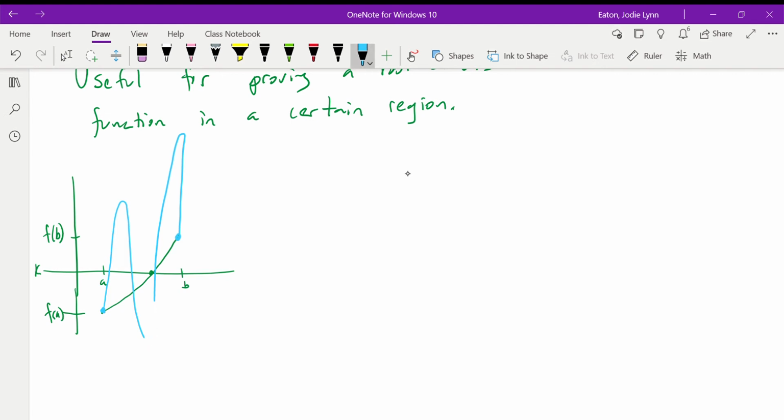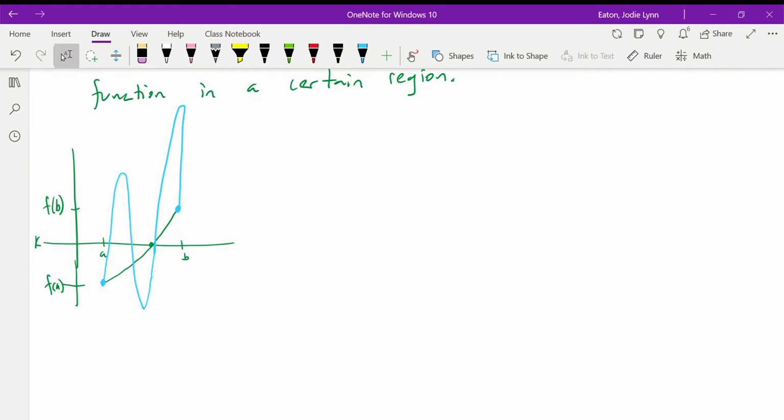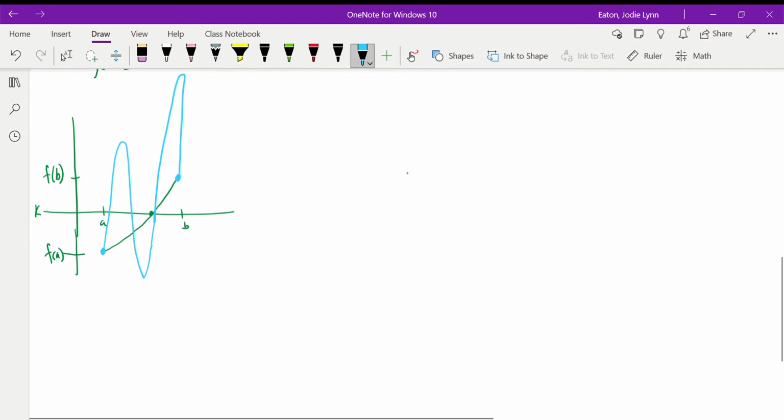That's almost a vertical line, so let's make that not quite vertical. But as you can see, there's not one thing it has to do, and not necessarily only one root. But we do know that going from f of a to f of b, we have to hit every y value in between, and there has to be some x that gives us that y value.